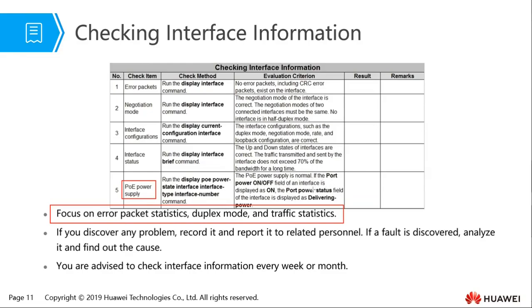So the power status field of the interface is displayed as delivering power. Is that port delivering power? And you can use other commands to check, for example, any errors that are there. Again, you're supposed to do this weekly or monthly.